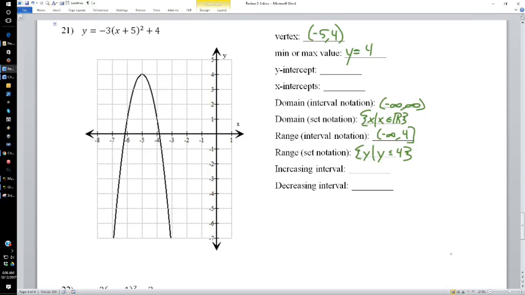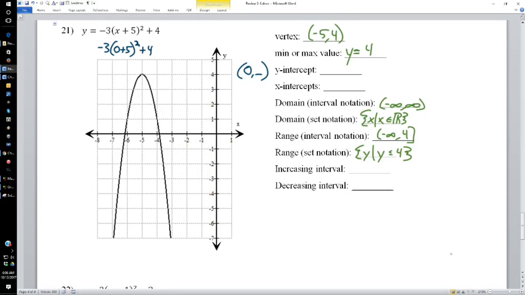Okay? Your y-intercept, well, you can't see it. So for a y-intercept, remember, that is when x is 0. So just plug in 0 for x. And honestly, you can just shove it in your calculator like that: 0 plus 5 squared times negative 3 plus 4.